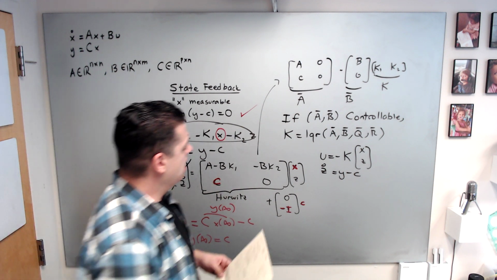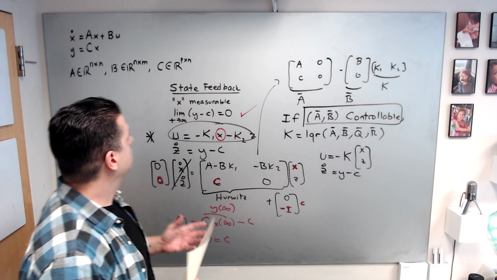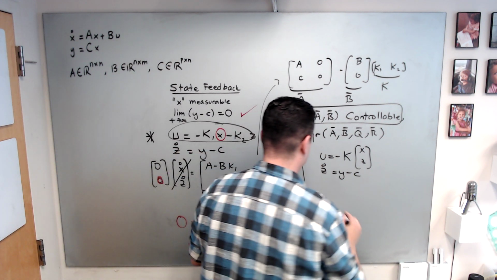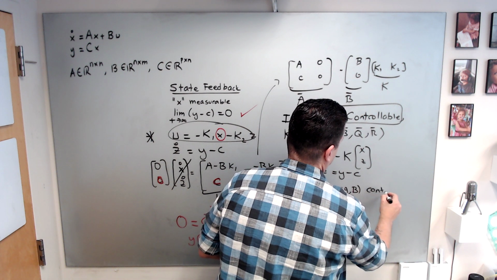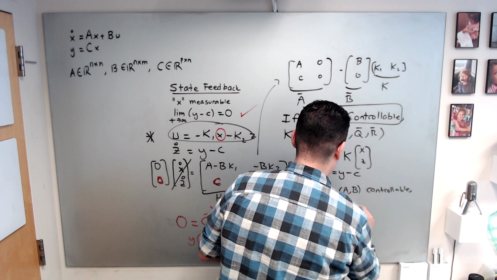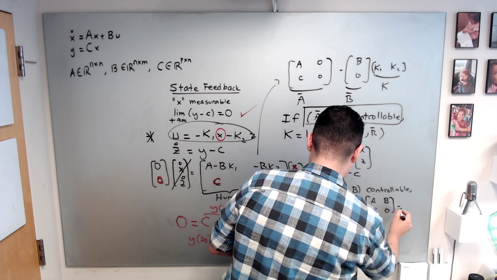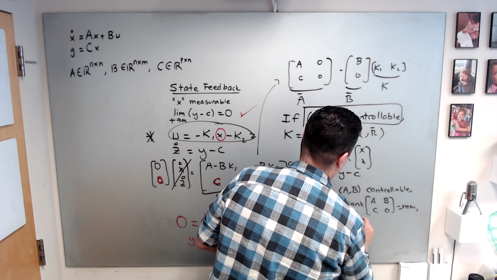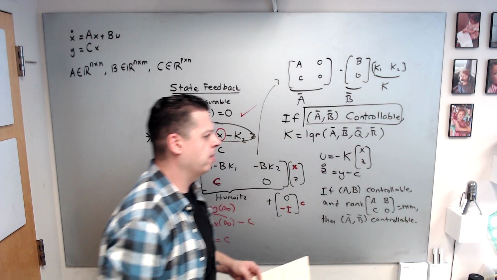Now, if you ask how the controllability of this relates to the controllability of the original pair, I also have a little fact for you on this. If regular A, B is controllable, and the rank of A, C, B, 0 is n plus m, then A bar, B bar is controllable.